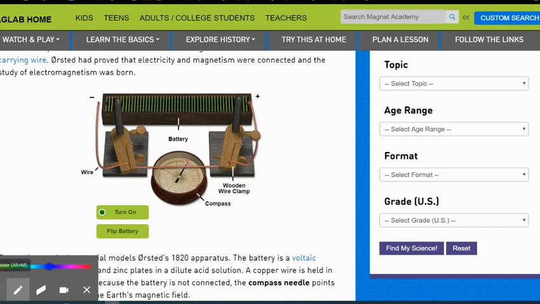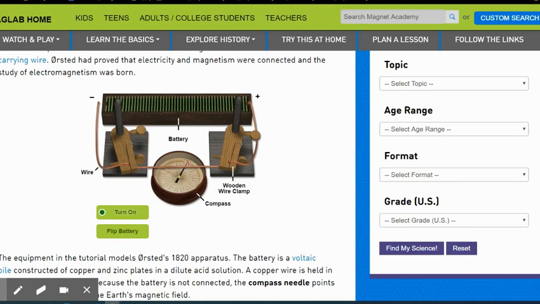When Oersted connected the battery to this wire, he noticed that, as you can see, this needle gets deflected. It's no longer pointing to the north, it's pointing in another direction. If you turn off the current, it goes back to pointing to the North Pole.